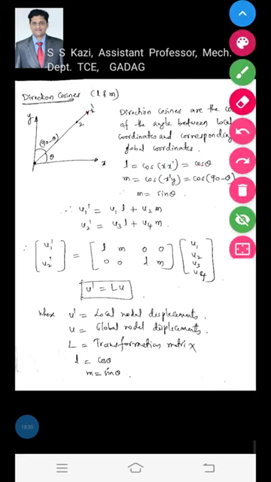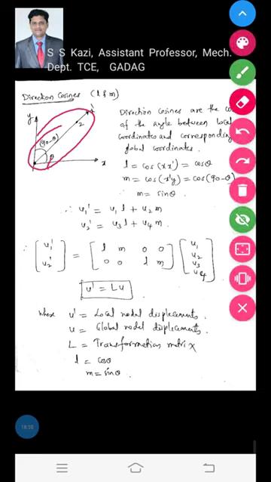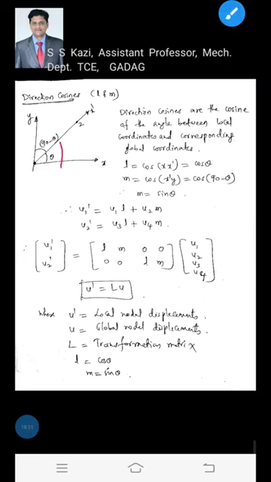Now I will consider a truss element having nodes 1 to 2, inclined with the horizontal by an angle theta. If this is theta, then the other angle will be 90 minus theta. The global coordinates are x and y, and the local coordinate is x dash.